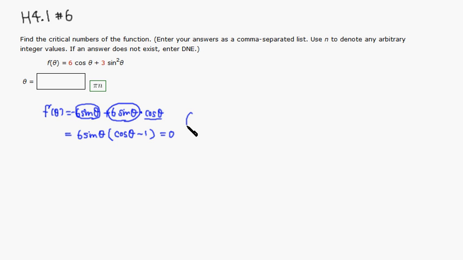From here, we either get sine of theta equals 0, or cosine of theta minus 1 equals 0, which is the same thing as cosine of theta equals 1.